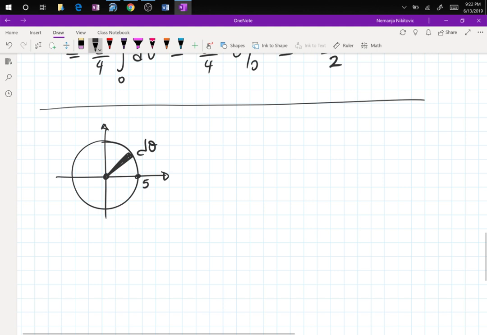When I am setting up the integral, some blah over here, r dr d theta, I need limits for theta. So if I am using the entire shape, this representative d theta will rotate, it will start on the x-axis, and it will rotate a full 2 pi, so 0 to 2 pi.